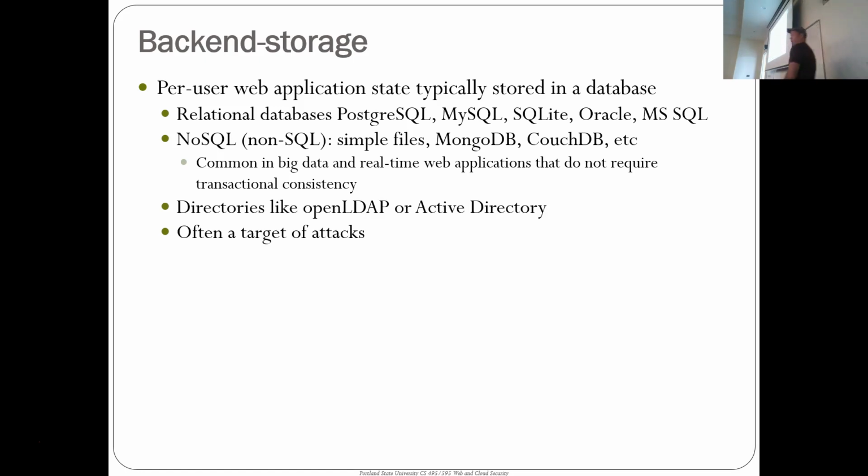There's also a prevalence of NoSQL databases, simple key value stores, like MongoDB and CouchDB. So you'll see a variety of these backends, and these backends must be secured along with the web application that's mediating the access to them. So we'll talk about both of these. I just wanted to pop that up there because this is the direction that we're going to go after this. Okay, so that is all I have on the web servers.